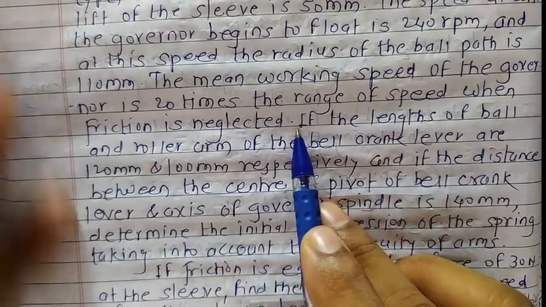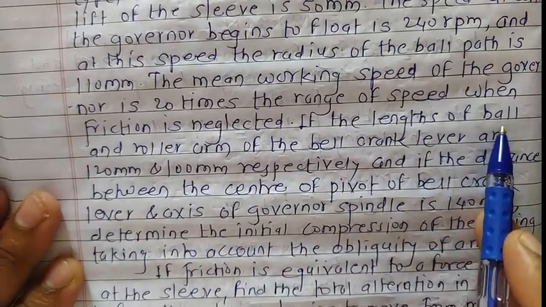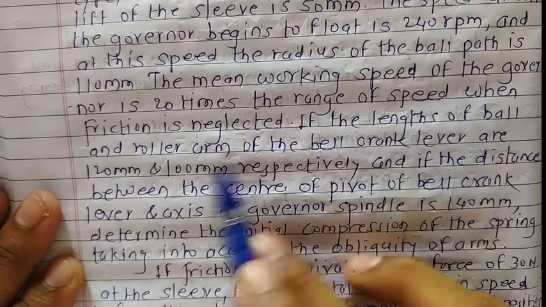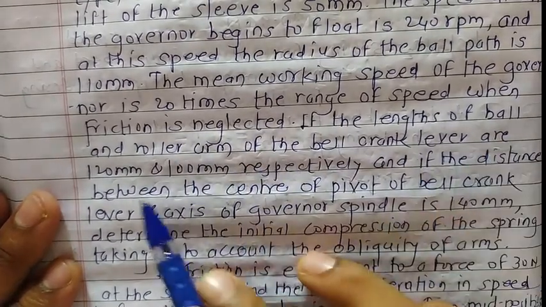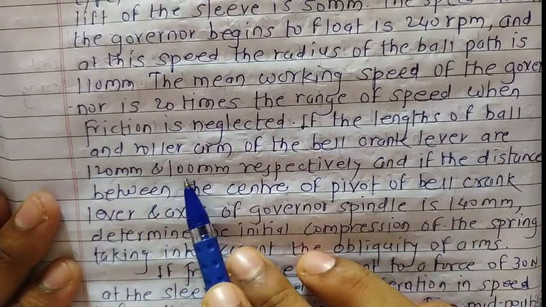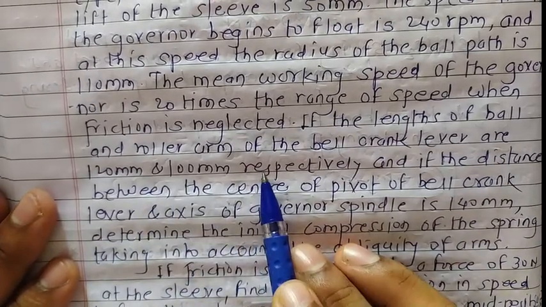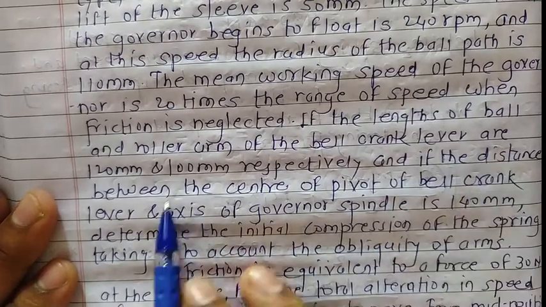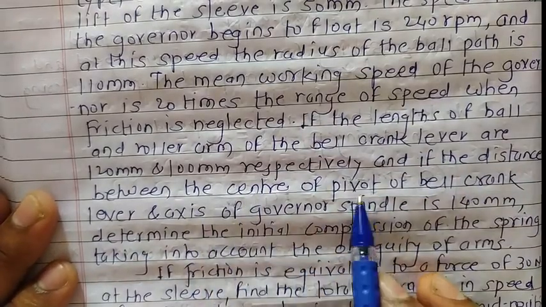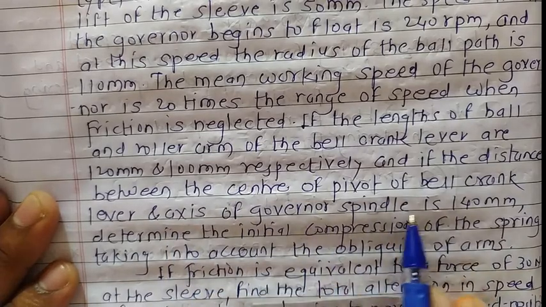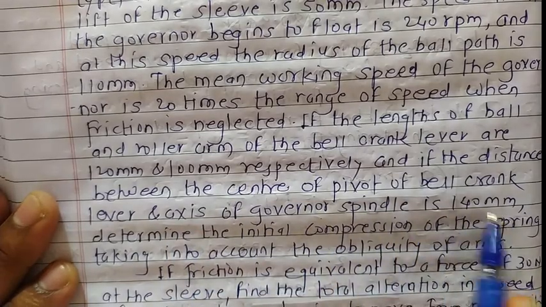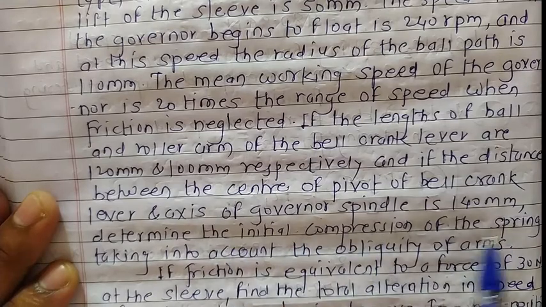If the lengths of the ball and roller arms of the bell crank lever are 120 mm and 100 mm respectively, and the distance between the center of the pivot of the bell crank lever and the axis of the governor spindle is 140 mm, determine the initial compression of the spring taking into account the obliquity of arms.